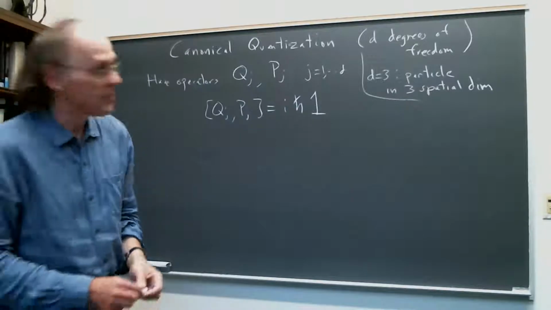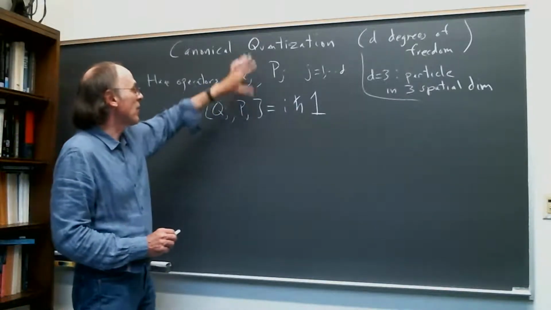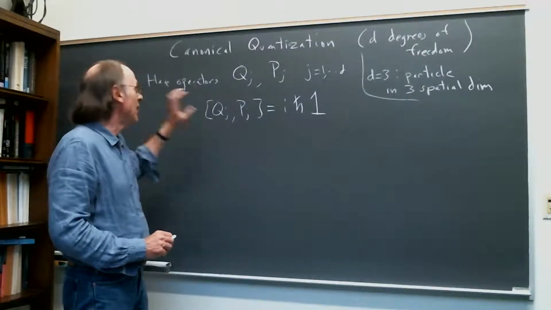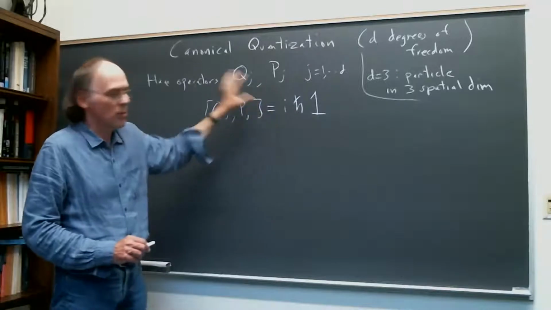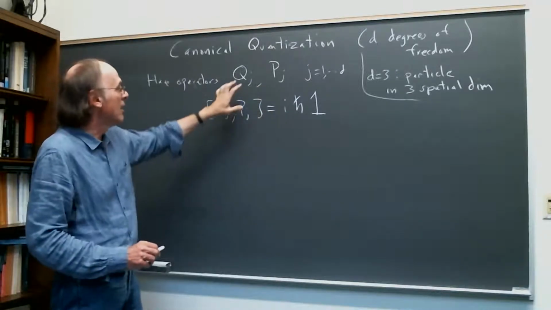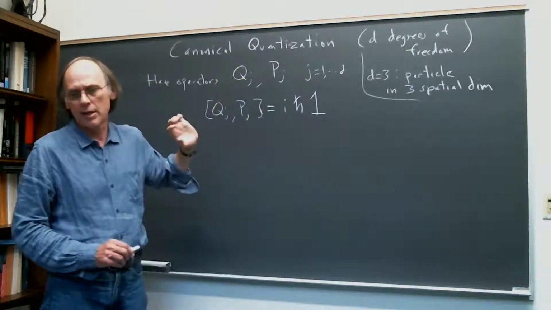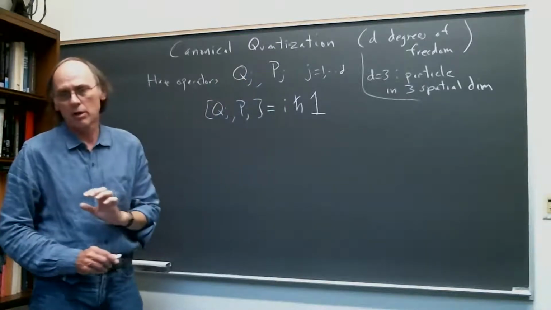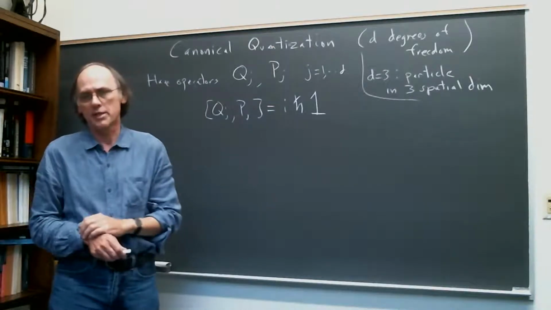Now, in some sense, what we'll see in a minute is that we want to think about these operators as the operators you get from a representation of a Lie algebra called the Heisenberg Lie algebra.